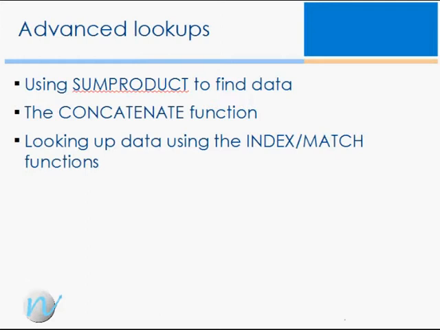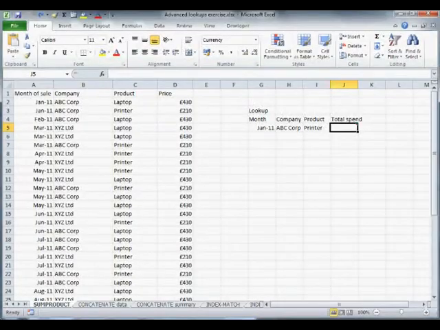So, let's have a look at the example. The example we're looking for is called Advanced Lookups Exercise. First of all, let's just talk through what we've got here. In column A, we have months. In column B, we've got two different company names, ABC Corp and XYZ Limited.